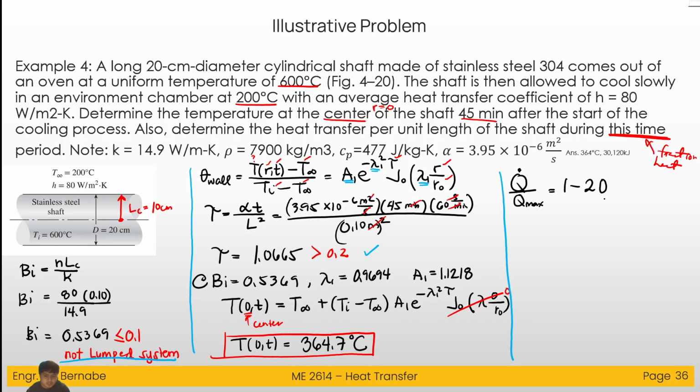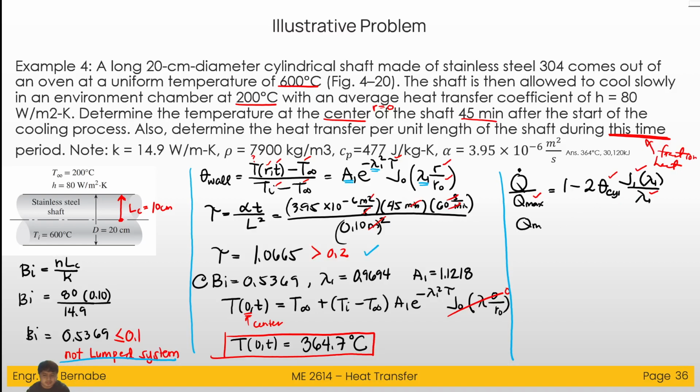I always forget this, so I'll just look at my notes. So the Q max can be solved. This is given.